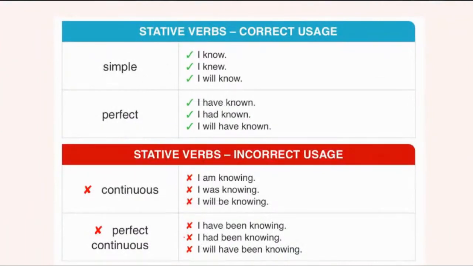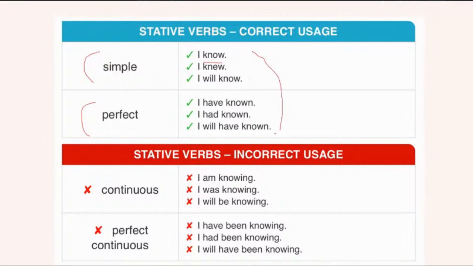And remember, these have to do with a state of being, things about our mind, words like think and know and believe. So let's take a look at this stative verb, know. So here we can use simple and perfect tenses, and these sentences are all correct.